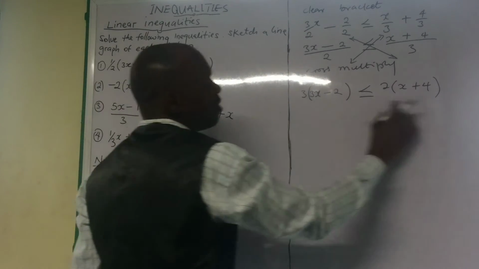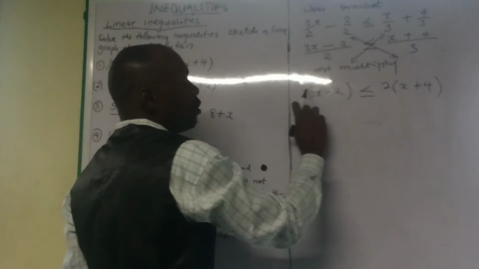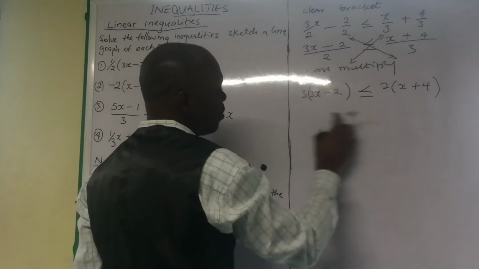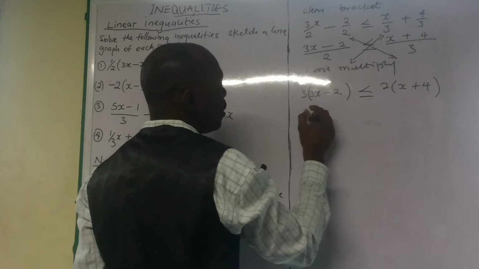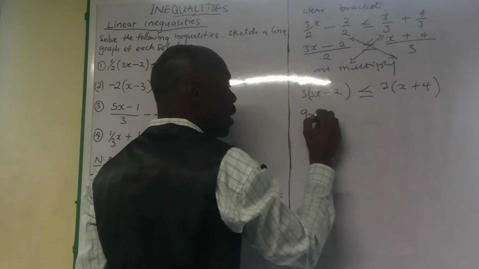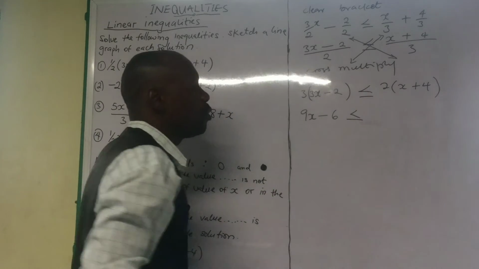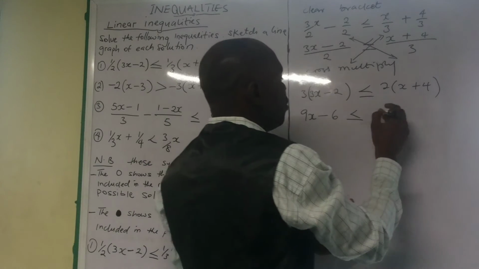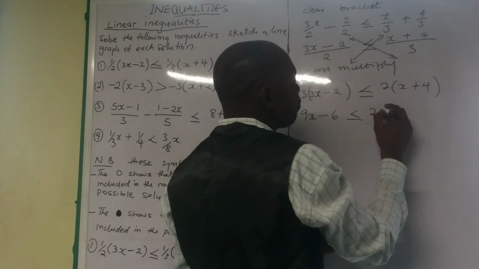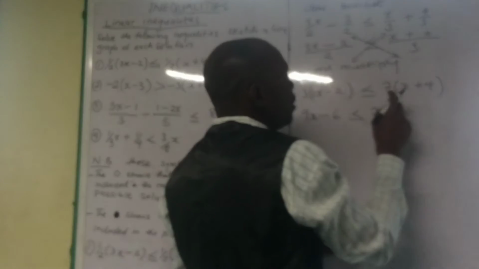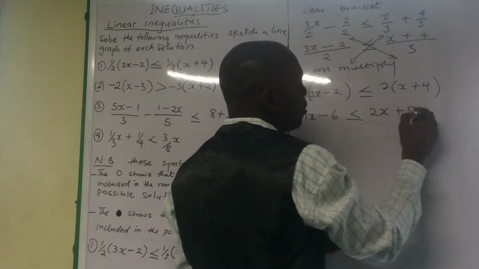Now let's clear this bracket too. We use 3 to multiply everything and 2 to multiply everything here. So 3 times 3 is 9x, minus 6, less than or equal to 2 times x, which gives us 2x, then 2 times 4 gives plus 8.